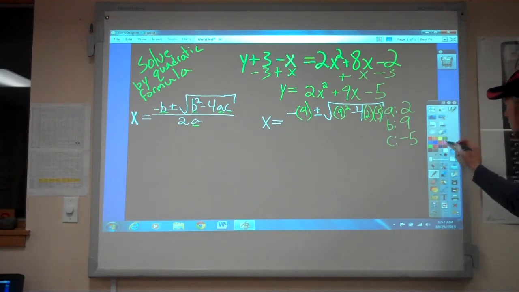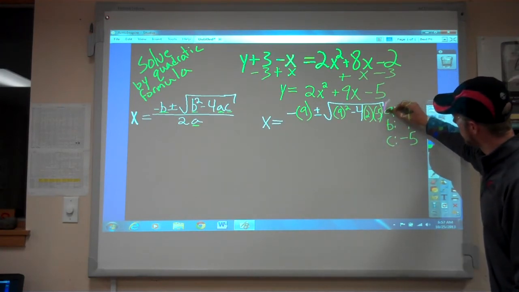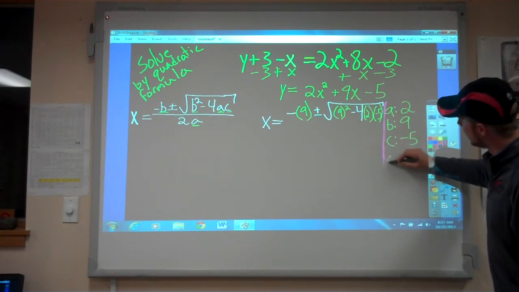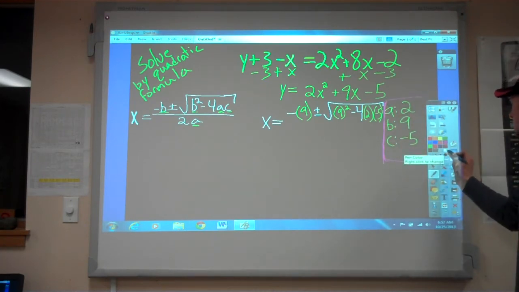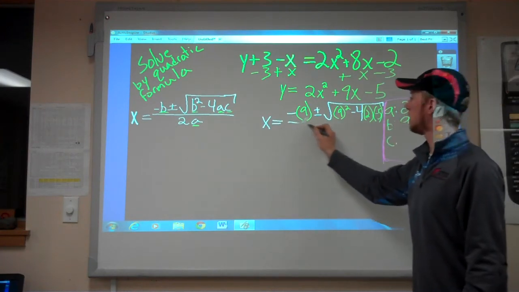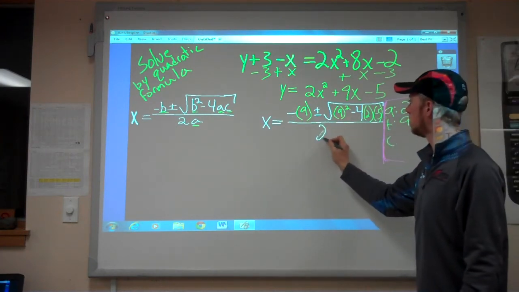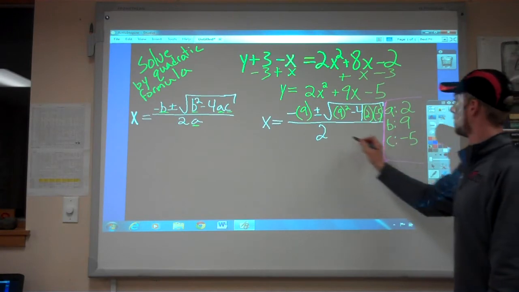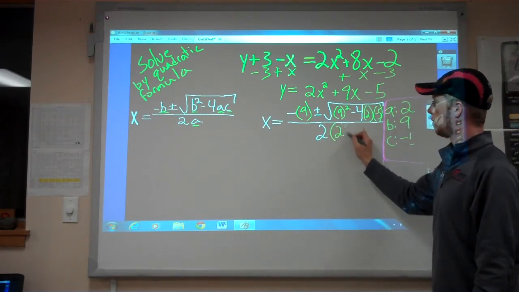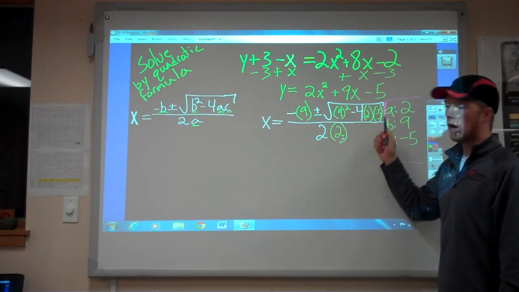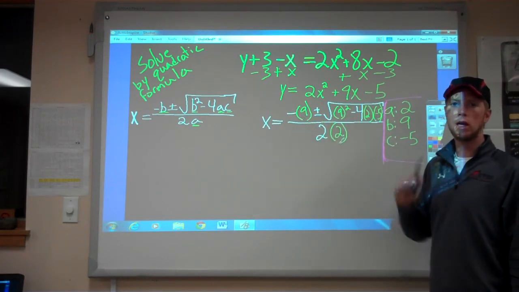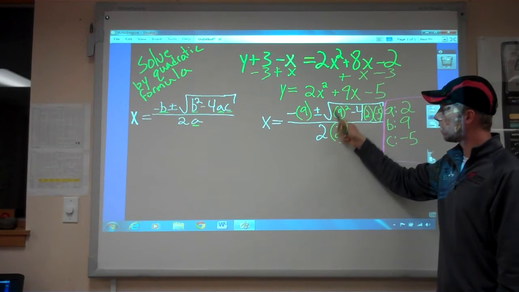Let's just put a line here so we don't get confused. All of this divided by 2 times 2. Now you'll notice I use parentheses every time I substitute something in. This is going to help me especially right here.